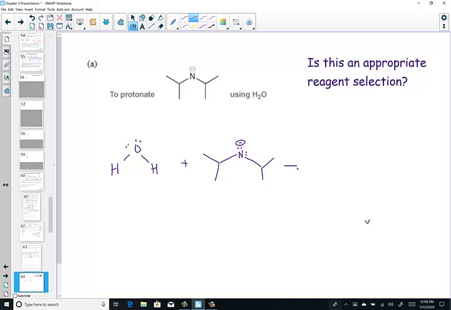So when this occurs, this negative region on the nitrogen is going to reach out for the hydrogen, and it will collapse the bond onto the oxygen. So we have our conjugate base of water, hydroxide, and we would have the conjugate acid form.